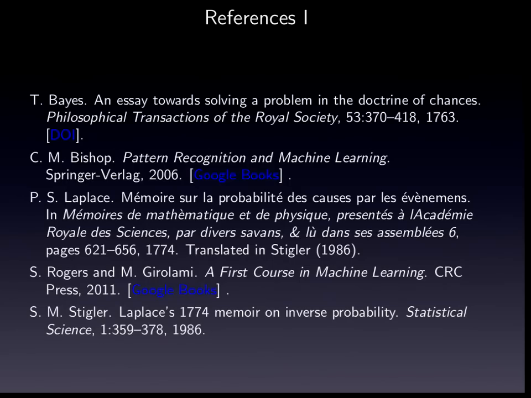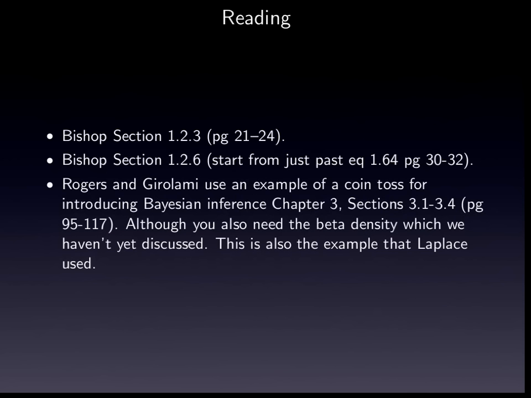That Thomas Bayes essay, you don't have to go and read that necessarily, but that's the original source for where that billiard table thing comes from, and he writes down Bayes' rule for the first time. Laplace also uses Bayes' rule for a coin problem. And a very similar coin problem is studied in Rogers and Girolami. So here's the reading, which is the other part.